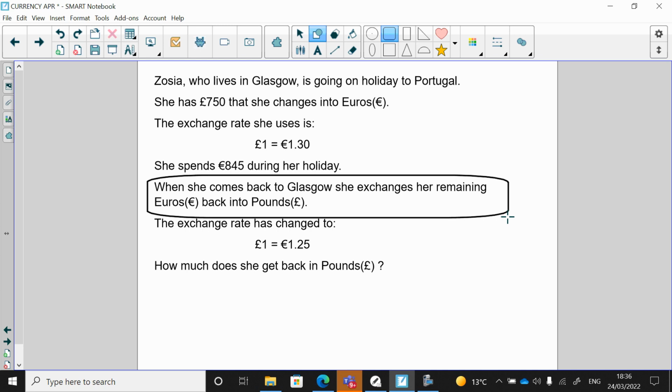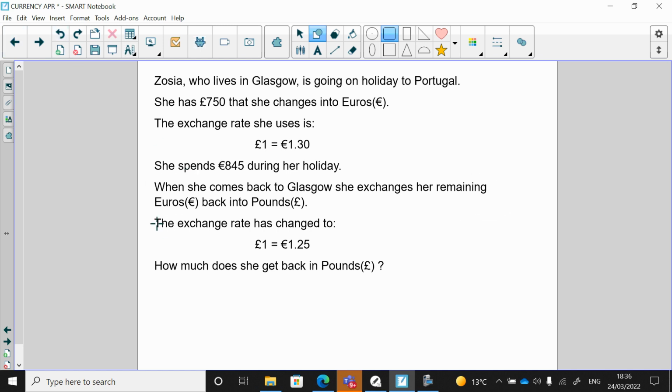But what you need to notice here is the exchange rate has changed to £1 to 1.25, so it's gone down. Right, so we need to take note of that. And what they want to know here is how much they actually get back in pounds.